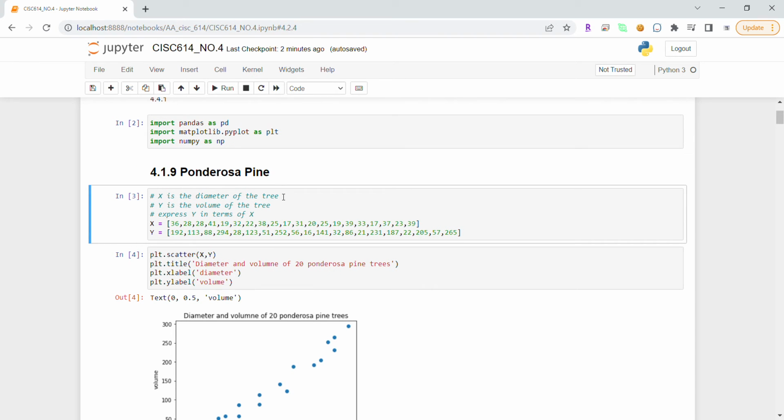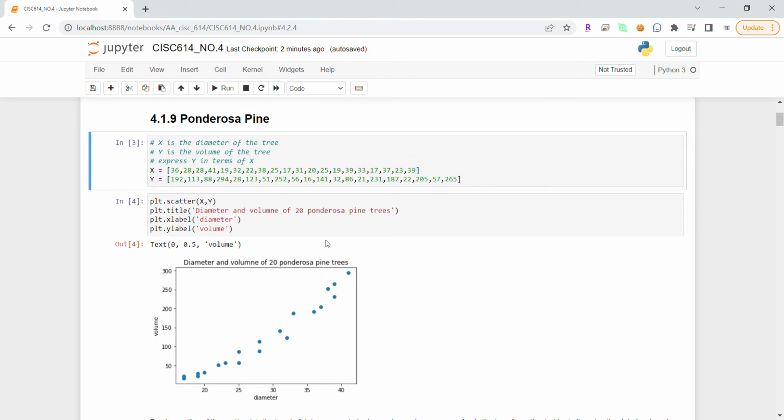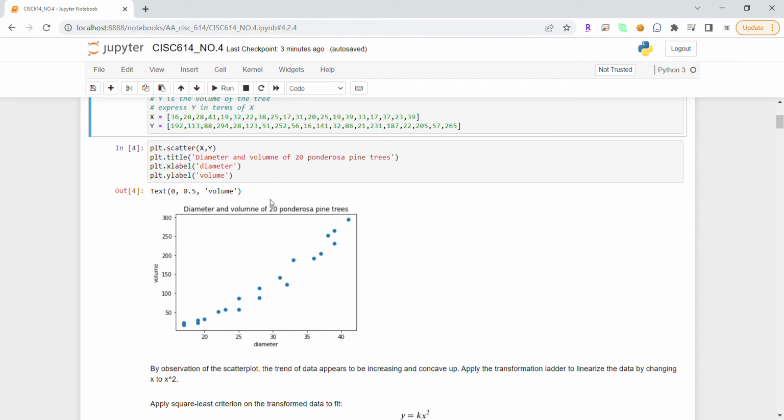So here is the scatter plot of the diameter and the volume. By observation of the scatter plot, we can see the trend of the data appears to be increasing and concave up.